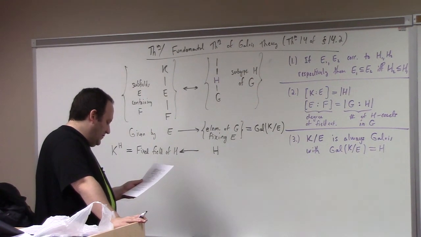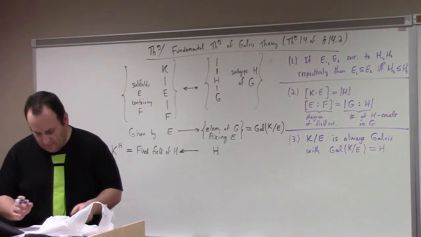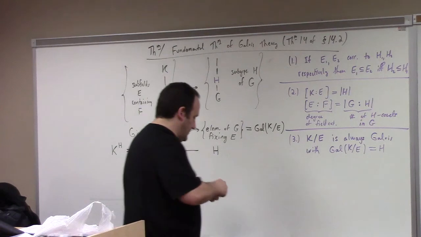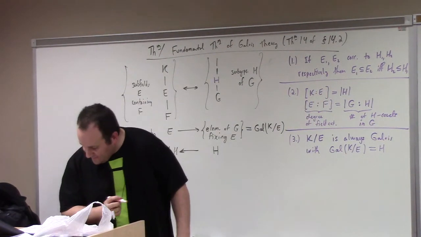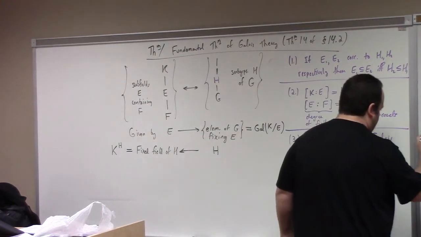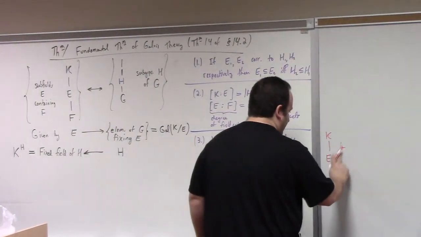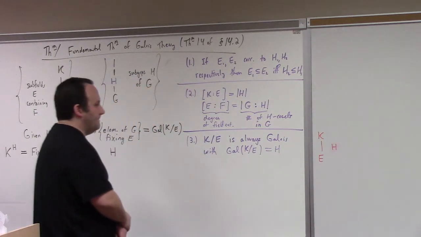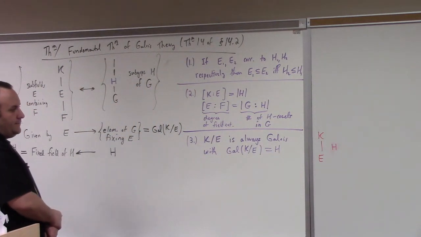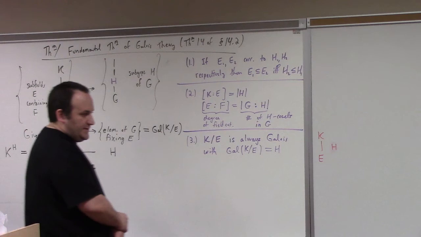Huh. That's weird, he's got a little picture right here. Do you care to interpret it for me? Right beside that, he has a K, an E, and an H beside it. What does that mean? I personally think this is a typo because it would make sense to me if we did this.